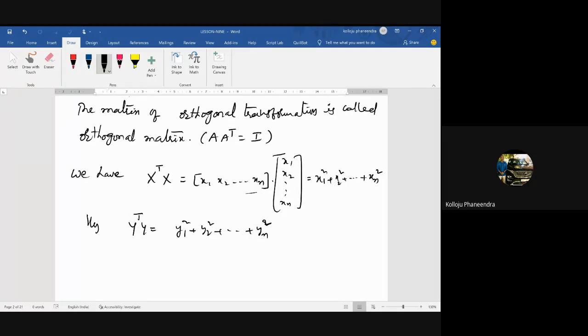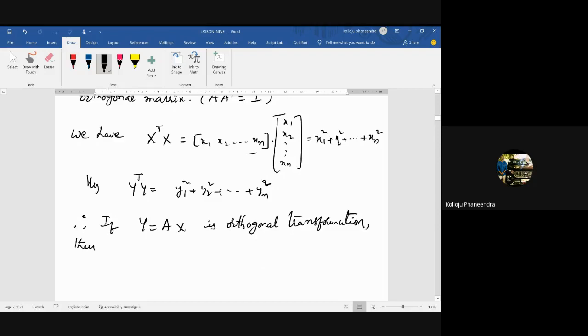Therefore, if y equal to Ax is an orthogonal transformation, then x transpose into x is transformed to y transpose into y.